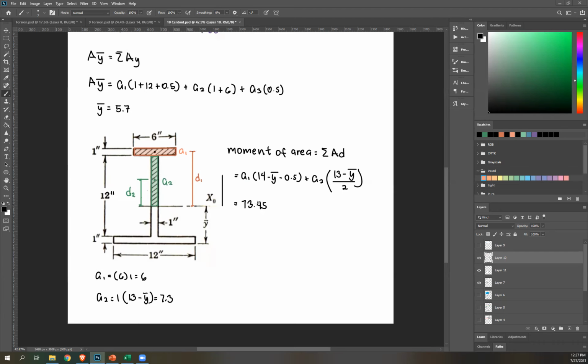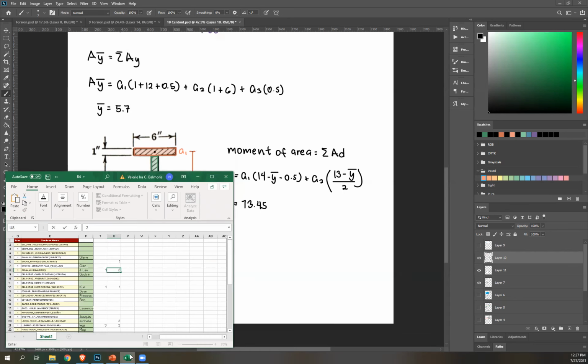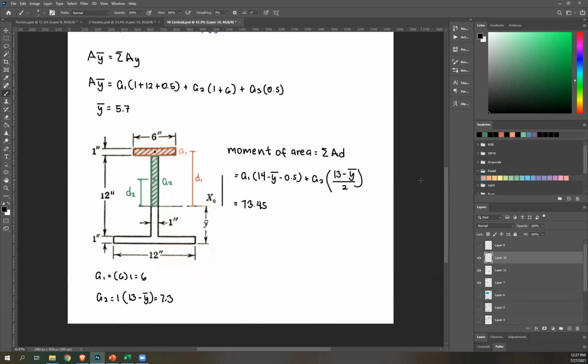Can anybody give me the unit? Correct, Marilyn. Anyone else? It's not just inch. Kulang. This is an area multiplied by distance. So what does that make? Area is square inch.